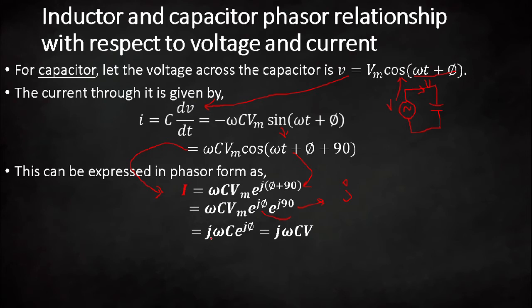So put this into the equation, and that will be j omega C e raised to j phi. Here I missed one term, that is Vm. Here it will be Vm e raised to j phi. Now what is Vm e raised to j phi? That is nothing but your phasor representation of voltage, V bar. So this is also phasor V bar.